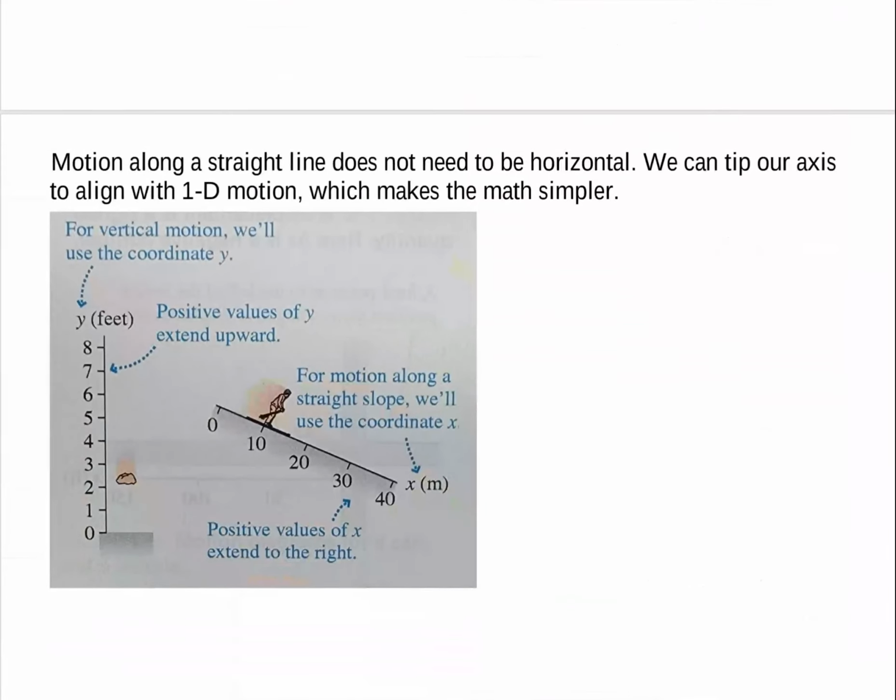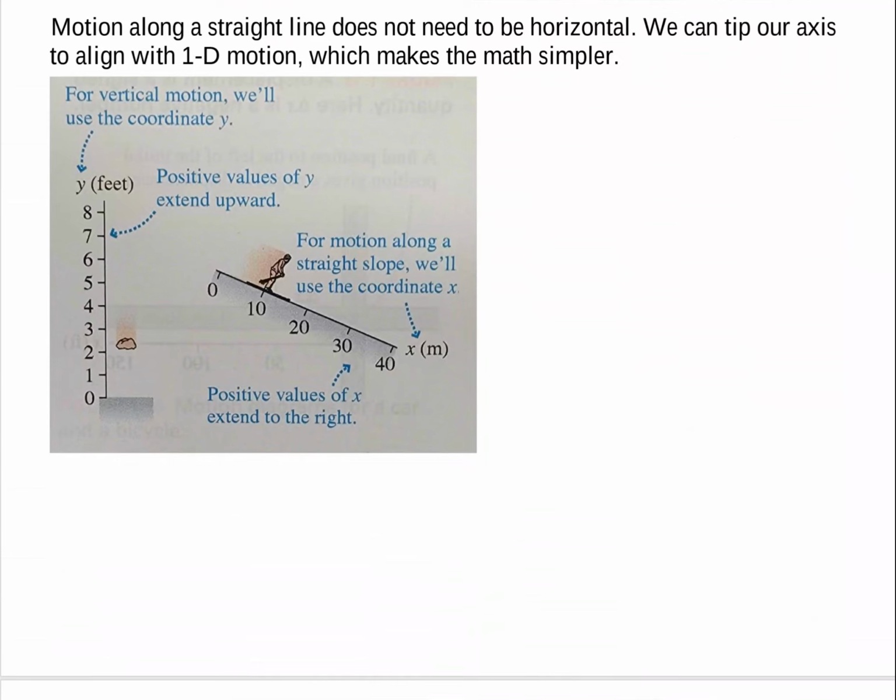Motion along a straight line does not need to be horizontal, and I kind of hinted at that a minute ago. We can tip our axis to align and make it a one-dimensional motion problem. If we didn't do that in this picture, then we would have motion along the x-axis and y-axis at the same time, and that would complicate this problem. So what we do is we tip the axis, okay?